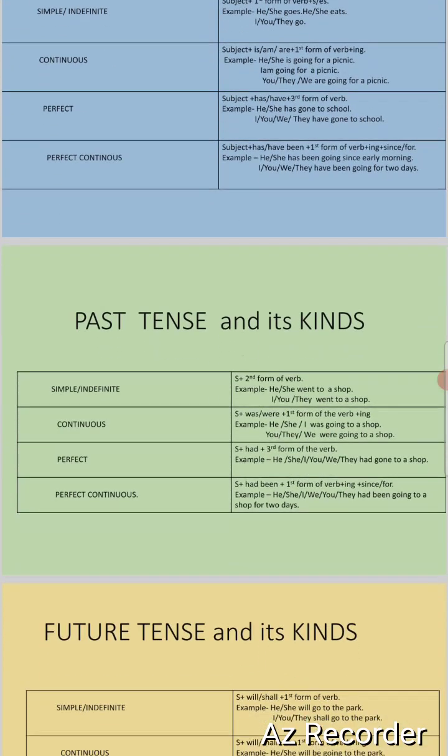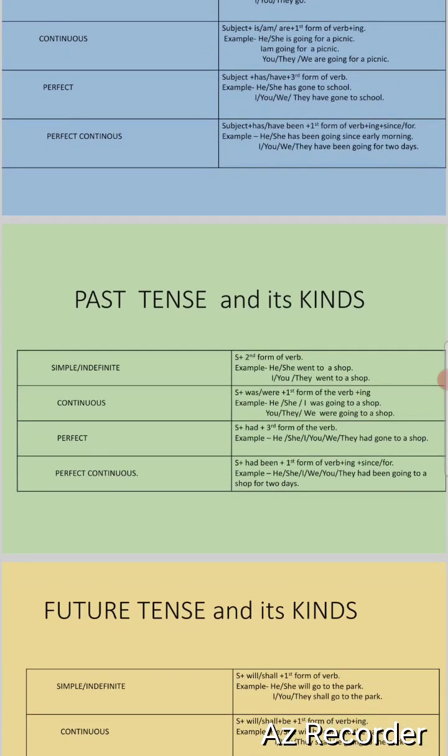We come to the past tense and its kinds. In the past simple or indefinite, the subject is added with the second form of the verb. For example, he or she went to a shop. I, you, or they, any of these plurals, went to a shop.